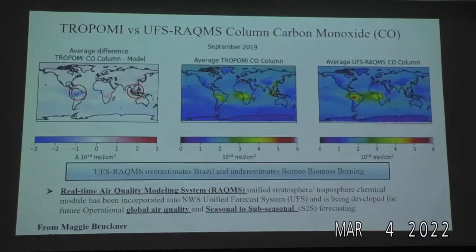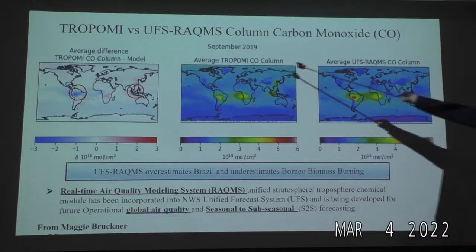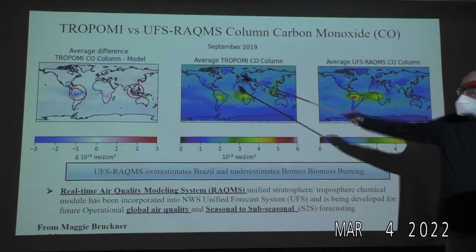Next slide, please. Yeah, isn't it big? But it gives you some idea about the amount of uncertainty in emissions right now. You saw in the first part of this the wide range of predictions from various fires. So that's at a very fine scale, particular fire. This is now work by Maggie Bruckner that's looking at this on a global scale.